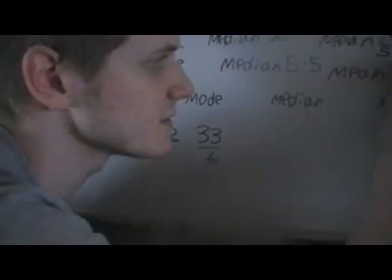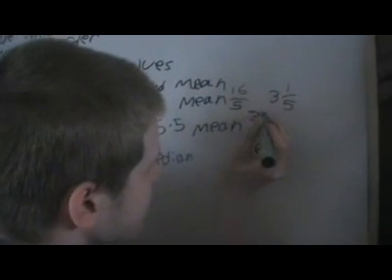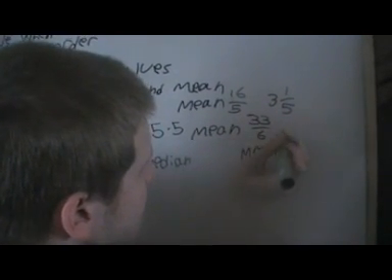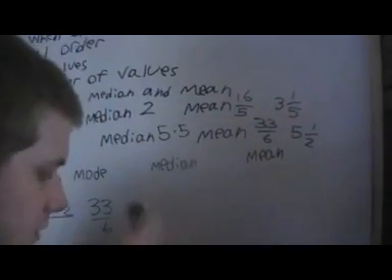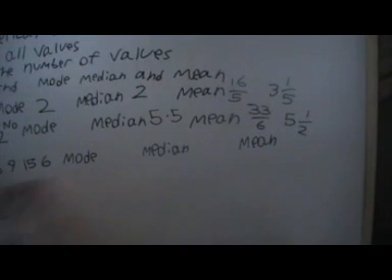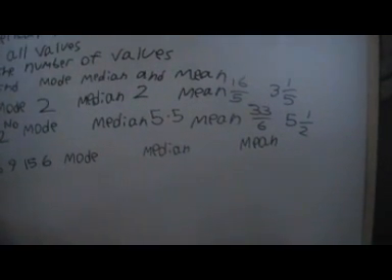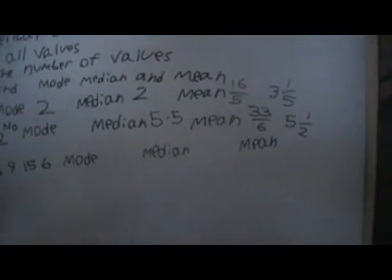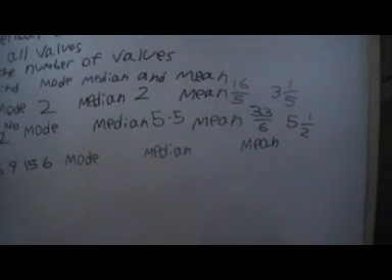So I'll just leave that as 33 over 6, because I don't really care. And you can write that as 5.5 if you like. Okay, sorry about that mistake before.